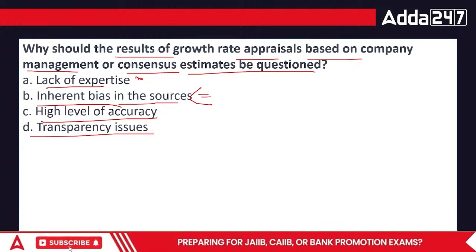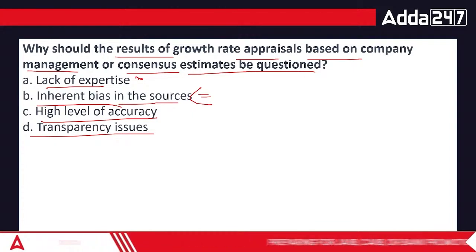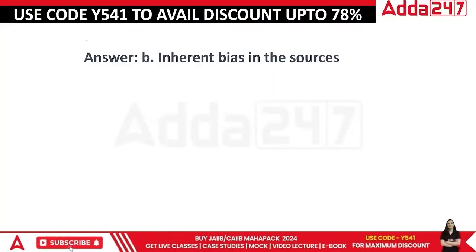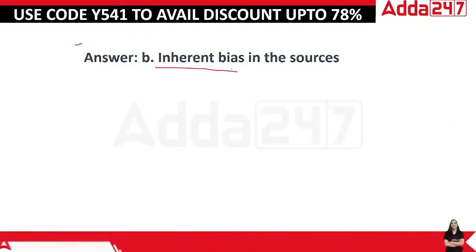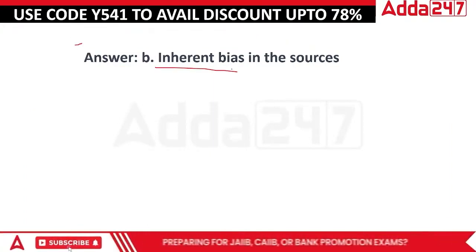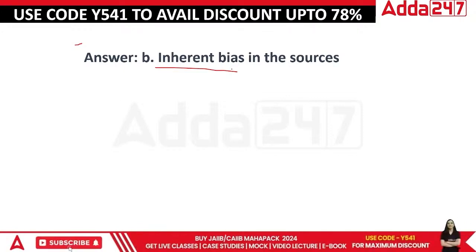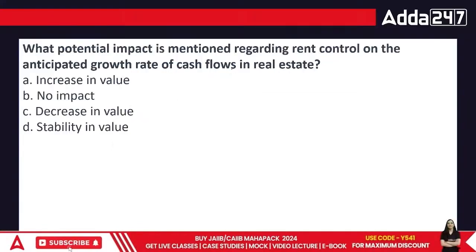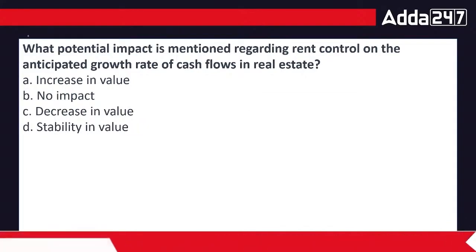This is inherent bias. This is called inherent bias in a resource or in the sources. So while taking decisions, it might turn out to be unfavorable for the organization because it's going to give you wrong results.